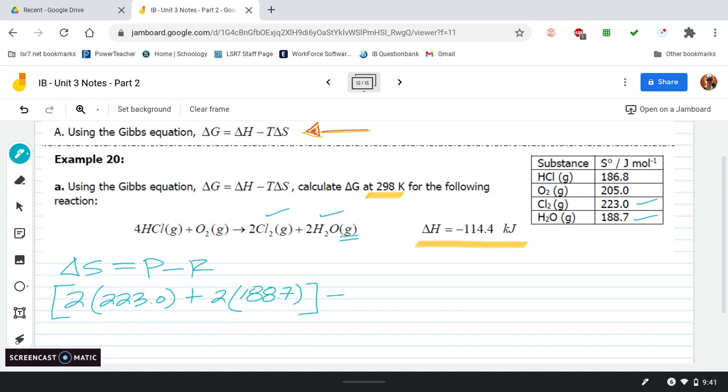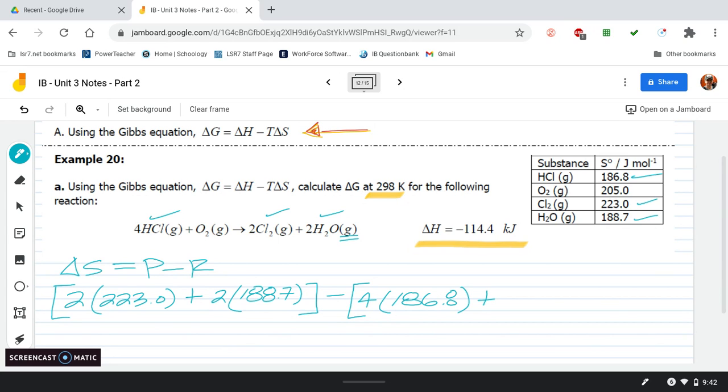Let's subtract the reactants. So here's the hydrochloric acid. So 4 multiplied by the hydrochloric acid, which is 186.8 right here.